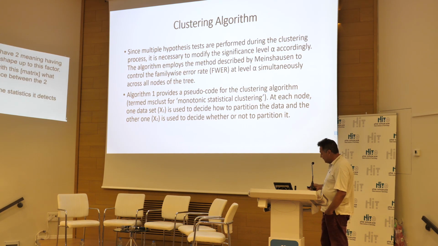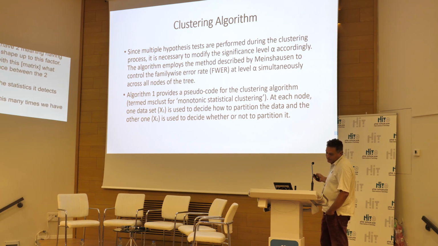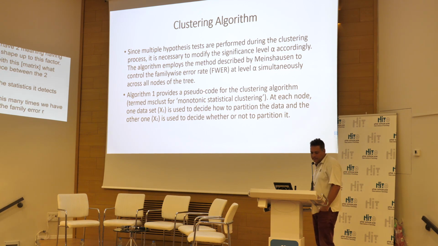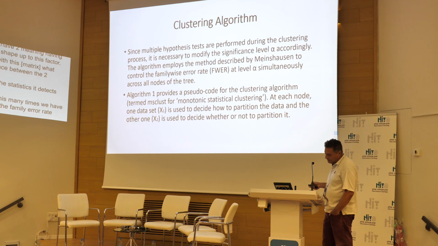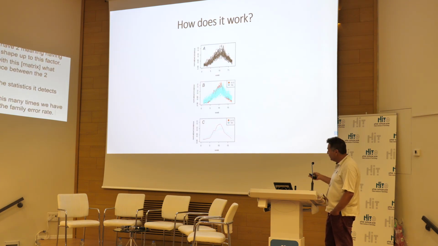Okay, and because we can do this many times, we have to worry about the family-wise error rate, and we have to fix this alpha and do a correction using multiple testing, okay? And so you have to take this into account, and then you can develop a pseudocode that does it, just to show you that you could do it.